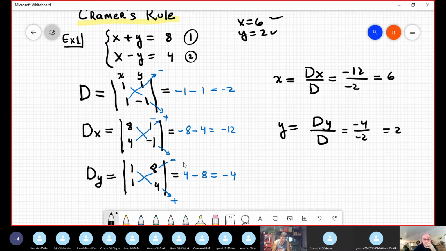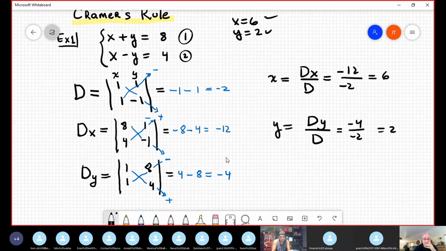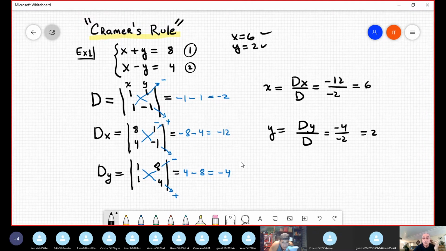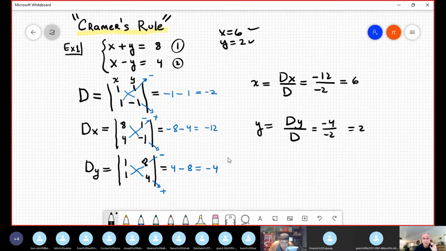It's the Cramer rule. So basically, Cramer discovered one rule, which is you compute one general capital D determinant formed by the coefficients in front of the variables, okay, and you replace the columns one by one. In this case, we have only two variables, x and y, but in the next example, we have x, y, and z, three variables.